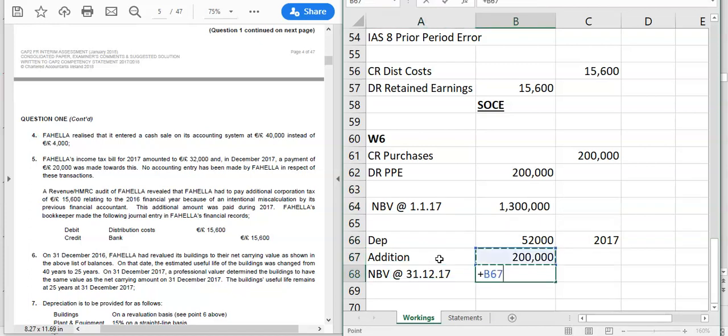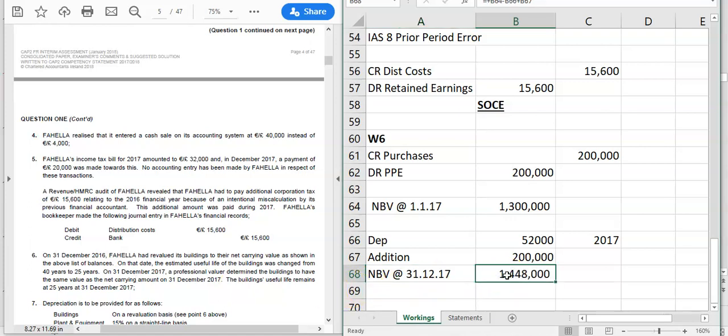So your closing net book value for your buildings, let me see here, I'm taking off the right one. You have 1.3 minus your 52 plus your 200, 1448. That is your buildings at the end of the year. Now they say they revalue them to the same net carrying amount. Essentially the net book value is going to be left at 1448.